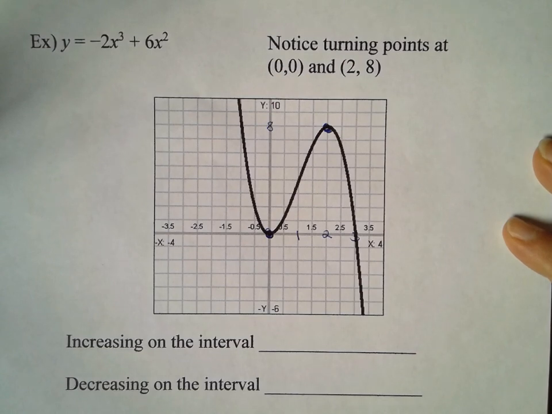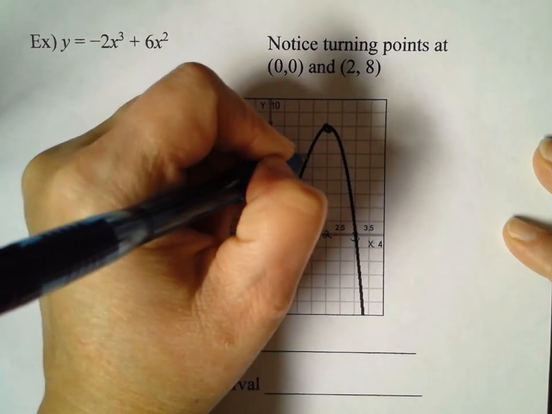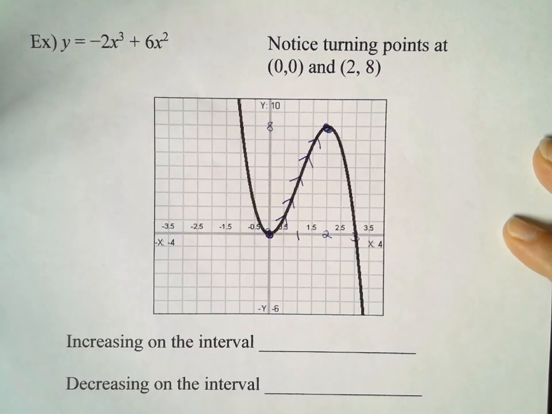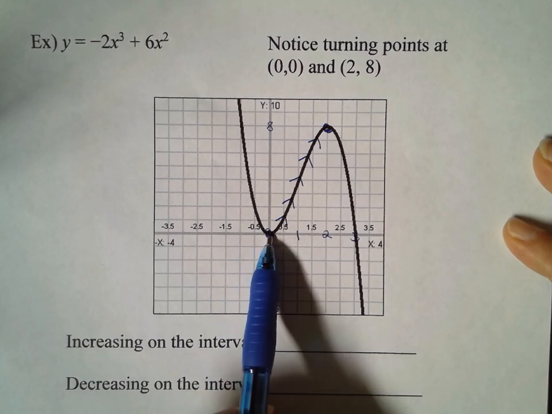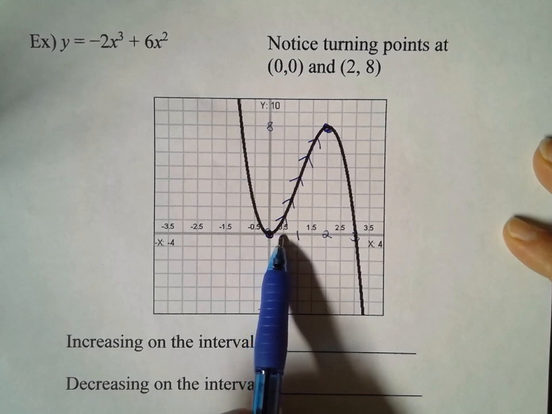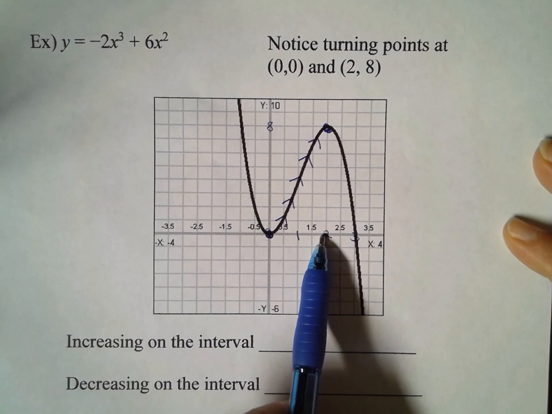Let's start with increasing. As we look from left to right, where is the graph going up? I hope you can see that the middle section here is where the graph is increasing. It's going up. So as far as interval notation, we're starting at the place where x is 0, and all the way up to the x value of 2, the y values are going up.